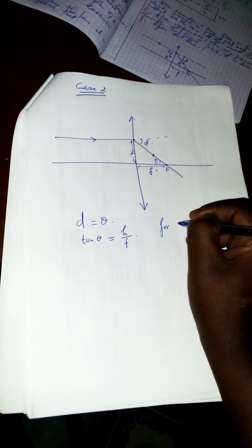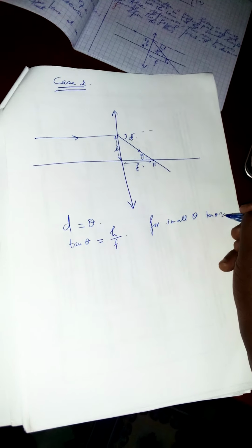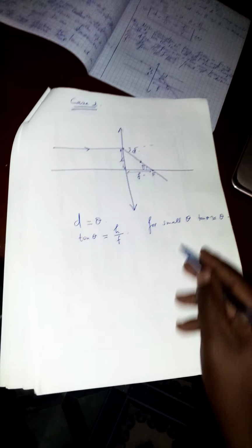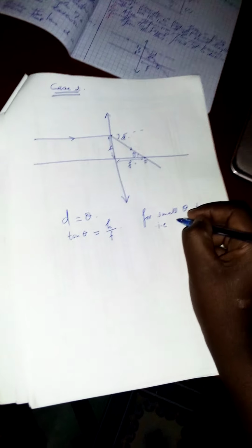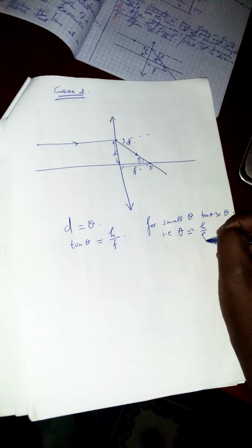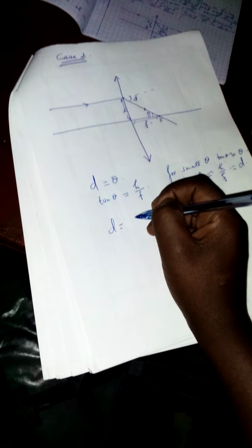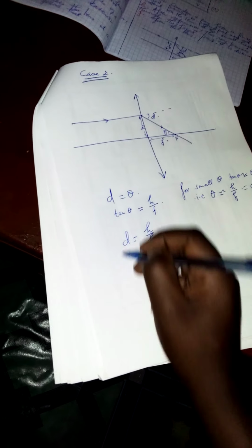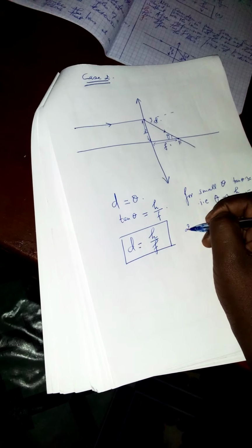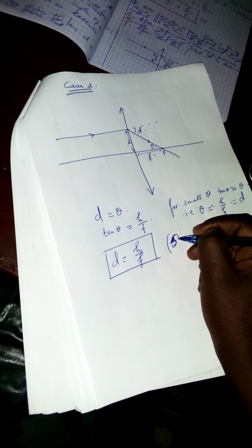For small phi, tan phi is approximately phi, meaning that phi is approximately h over f, which is the focal length. And remember, phi is equal to the deviation angle. So the deviation angle in the second case is equal to h over f. This is the second case, and this equation we call equation number 5.